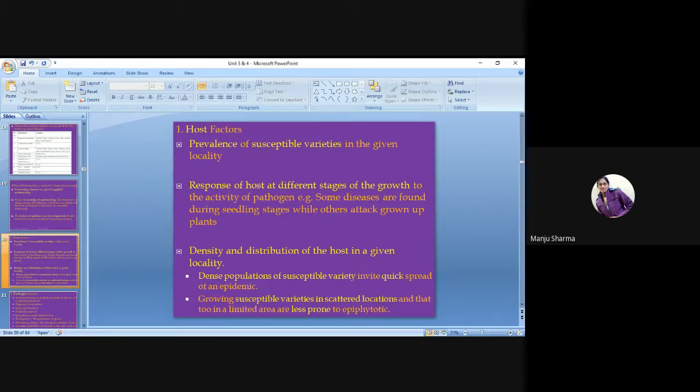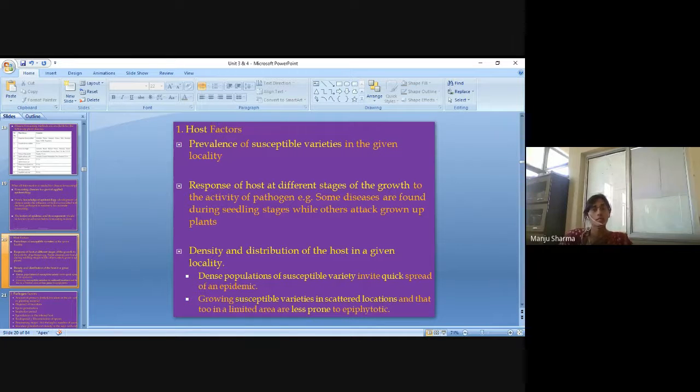So there is the prevalence of susceptible varieties in the given locality, and response of host at different stages of growth to the activity of the pathogen.